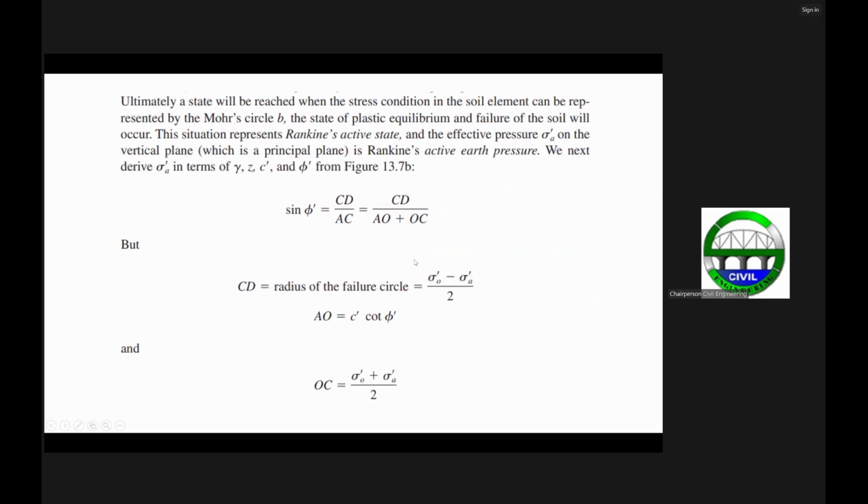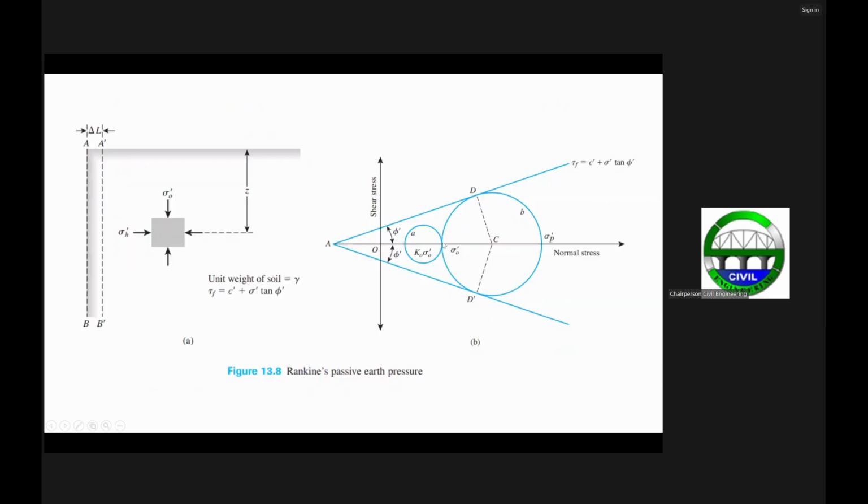This is now your sigma sub O prime, and this is now your sigma sub H prime, which is equal to K sub O times sigma sub O prime.